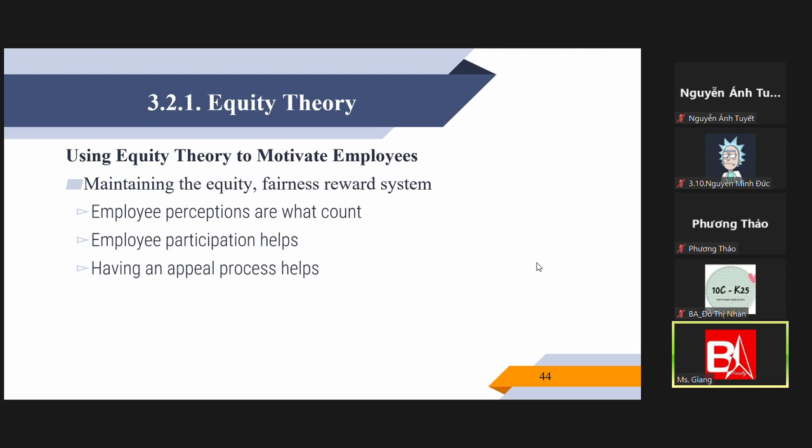Moreover, employee participation helps, because when employees are allowed to participate in work assessment, they will feel they are being treated equally, and having an appeal process helps employees to see how managers evaluate their performance.